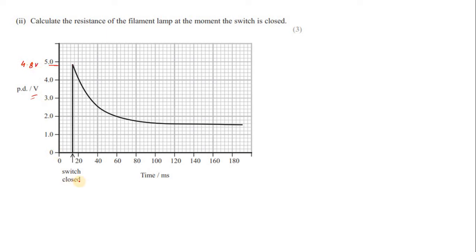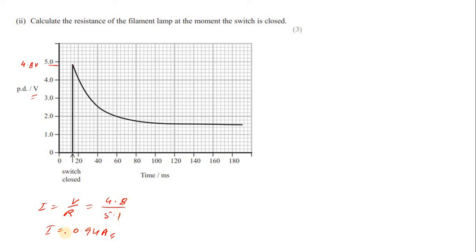So 4.8 volt. Now you can use I is equal to V upon R. V is 4.8 divided by R, which is 5.1, and then the amount of current will be 0.94 ampere.